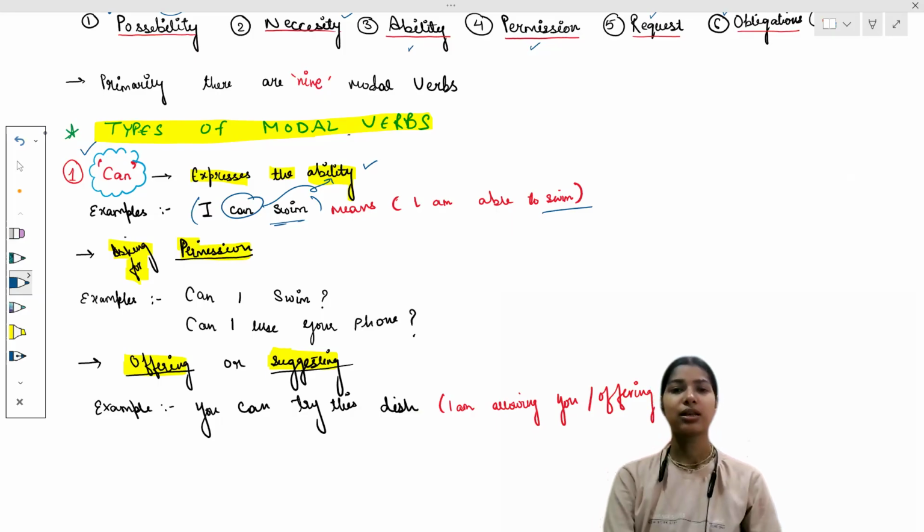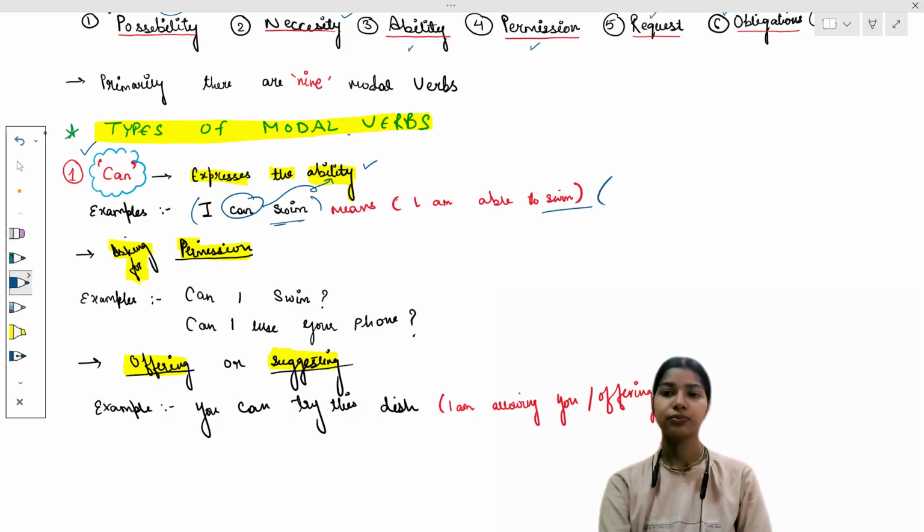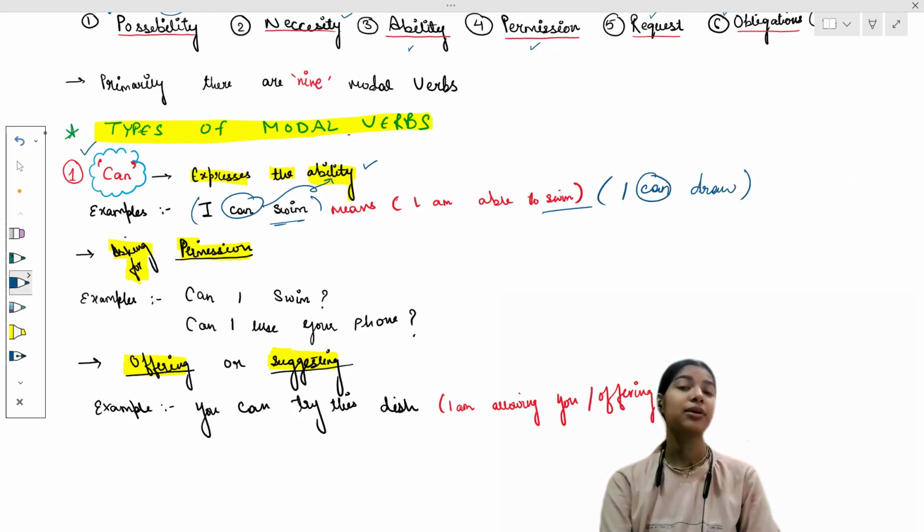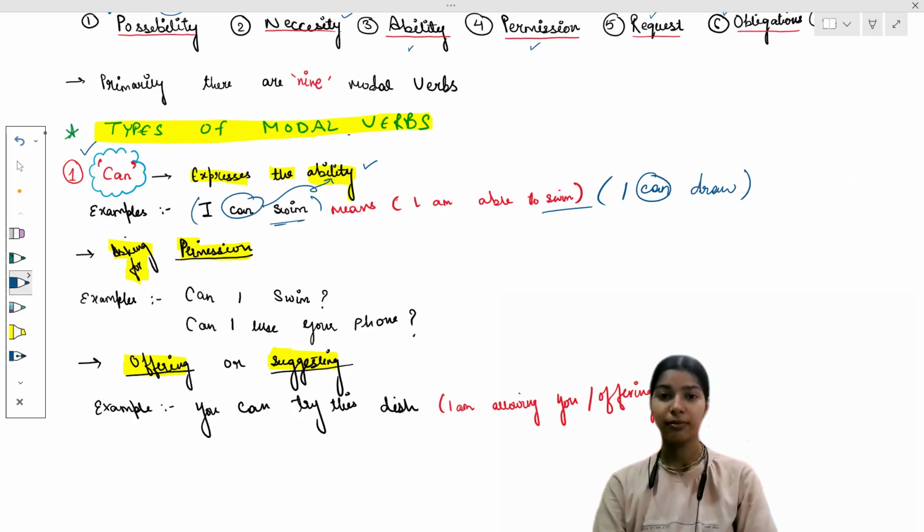Let's take one more example: I can draw. Again, it is showing the ability that I am able to draw.